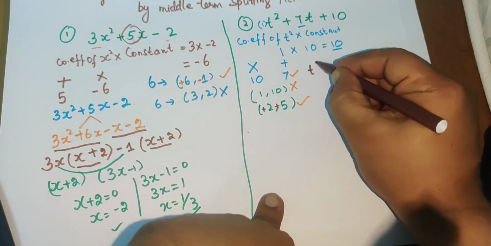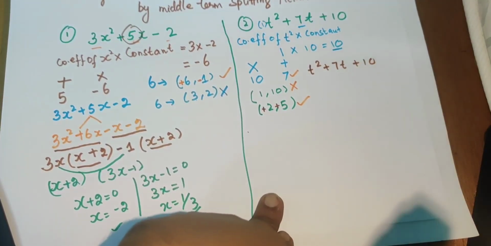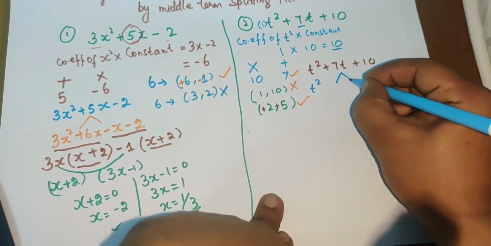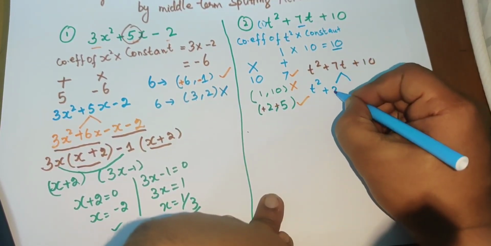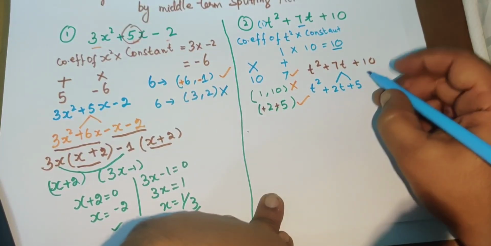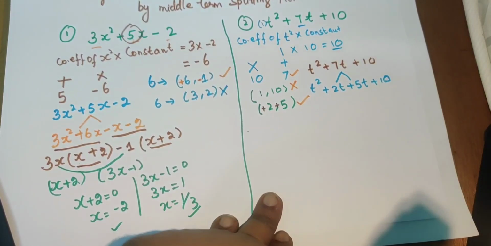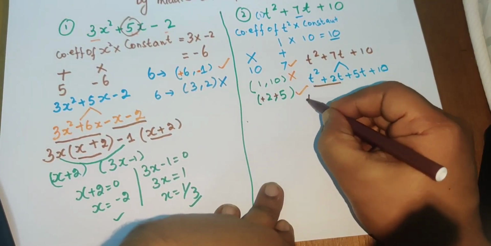Now t square plus 7t plus 10, the same question I have written again. Then t square, and this 7t we express as 2t plus 5t. Or else you can try 5t plus 2t also, that's not a problem. Now in the first two terms, both have t in common.